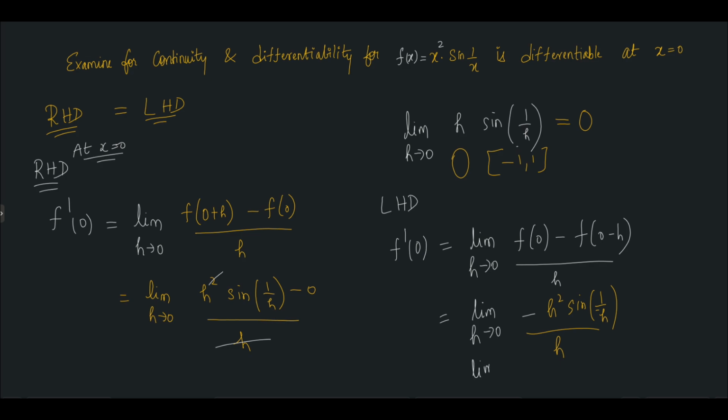So you're going to get limit h approaches 0, h into sine 1 by h. That is again 0. Yes. So your left hand derivative is equivalent to right hand derivative. Therefore, it is differentiable at x is equal to 0.